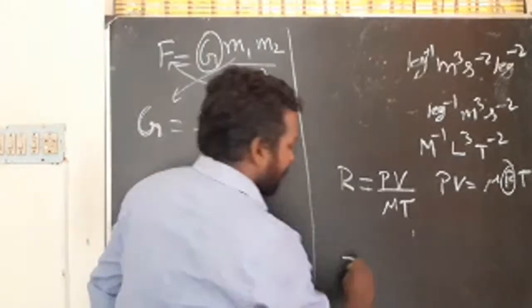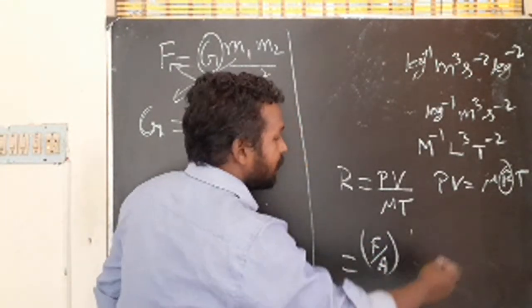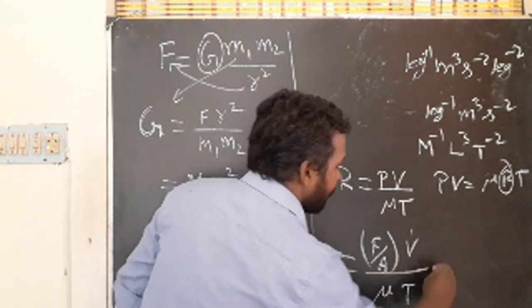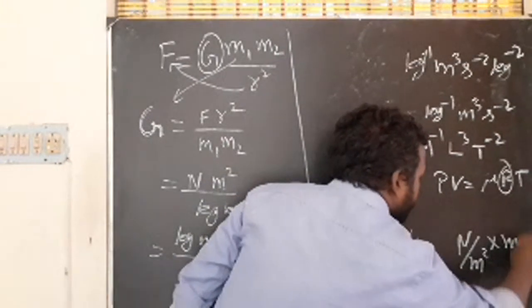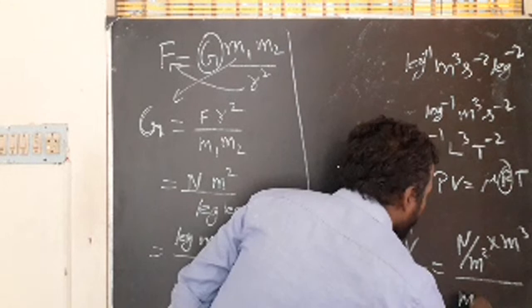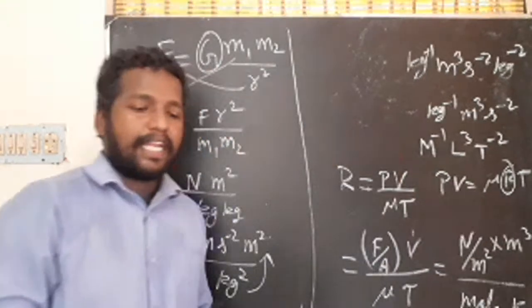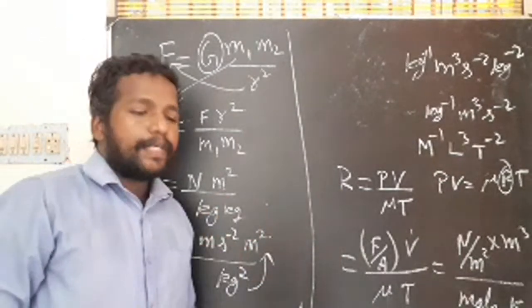Pressure is force per unit area. Volume is length into breadth into height. Temperature is in Kelvin. Mu is the mole. So Newton by meter square into meter cube, divided by mole and Kelvin. Now we are calculating the unit of the universal gas constant.